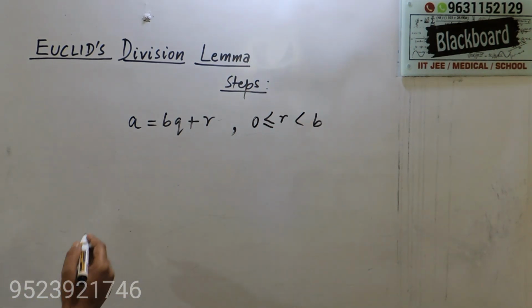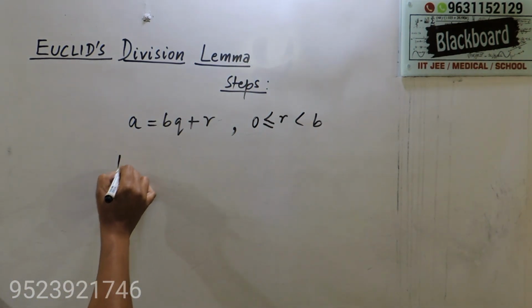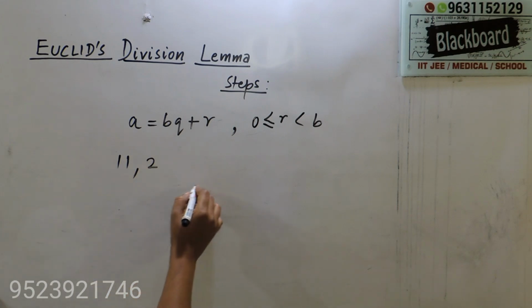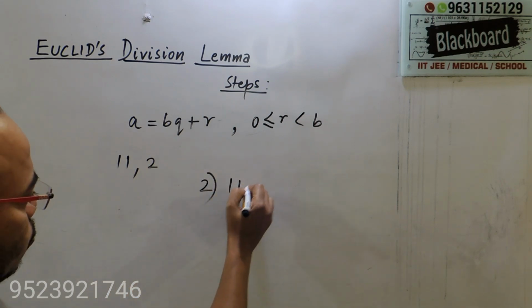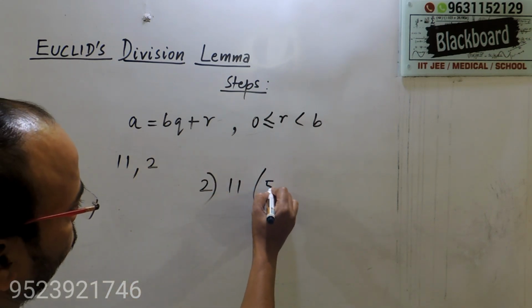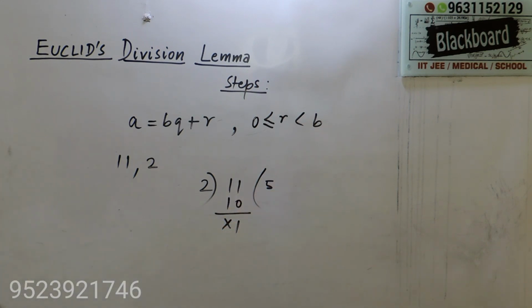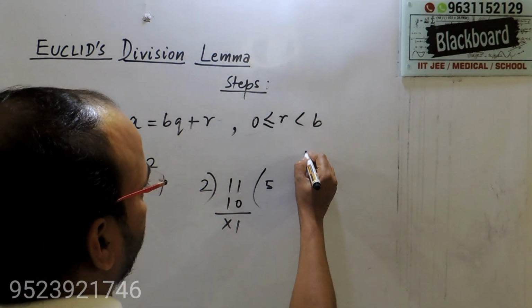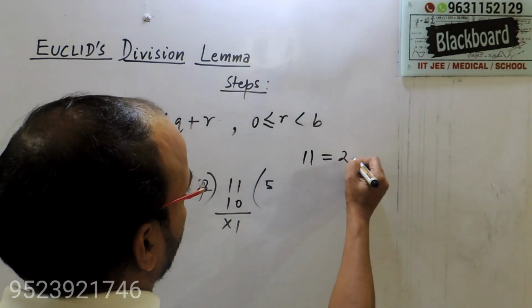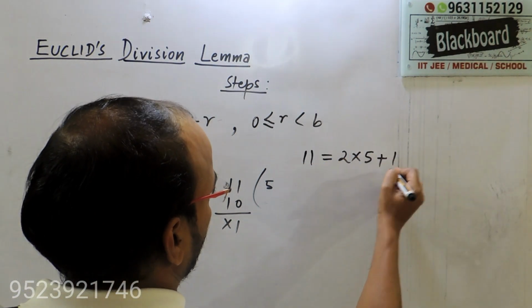For example, next example, let the numbers be 11 and 2. Now divide 11 by 2, you will get 5, 2 fives are 10, and the remainder is 1. That means you can write 11 is equal to 2 into 5 plus 1.